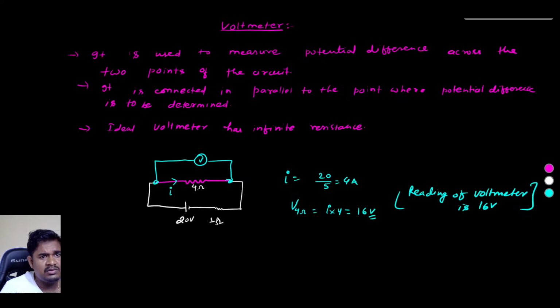Now here I am giving one question related to a non-ideal voltmeter. So let's say same question. This is 20 volt. This is 1 ohm. This resistance is 4 ohm. And then I connected a voltmeter here, whose resistance is 12 ohm.